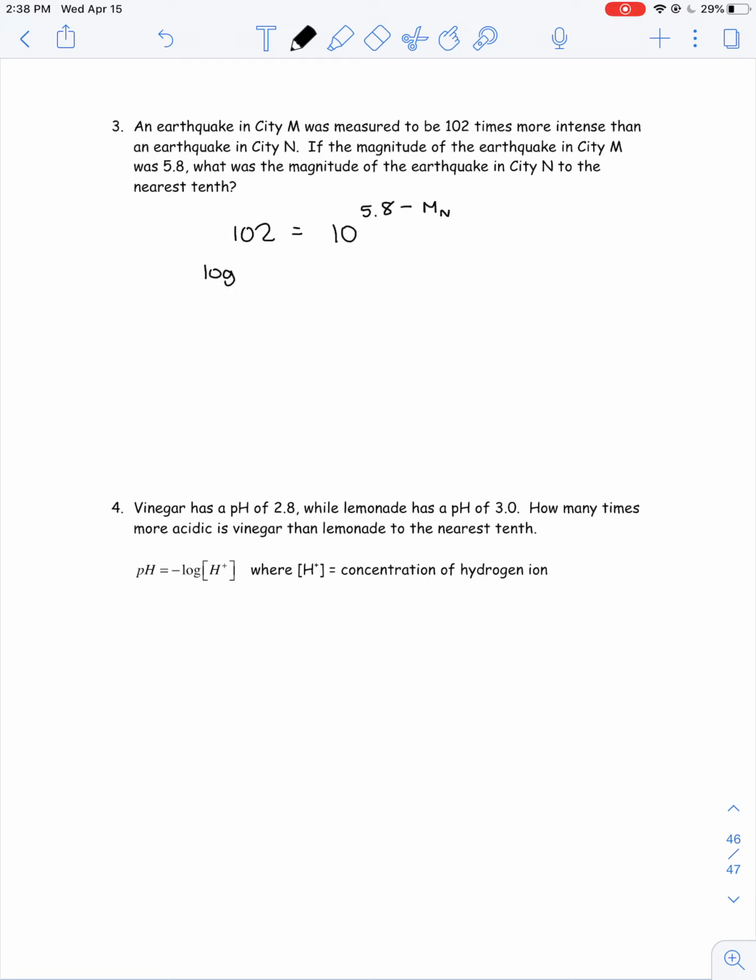So what we're going to do first is put log on both sides. And then we're going to bring that power in front using the power rule.